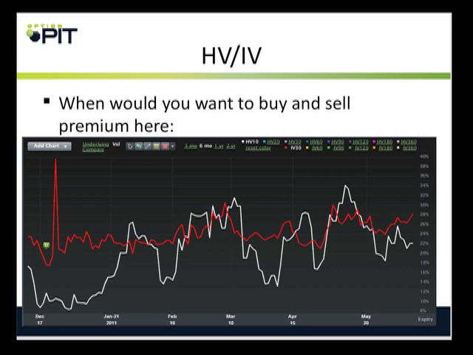HVIV. All right, when would you want to buy and sell premium here? If you're looking at this, this is FCG. What do you think? All right, well, let's walk through. I'm looking, and this is, believe it or not, do you want to own or do you want to sell? What do you think?